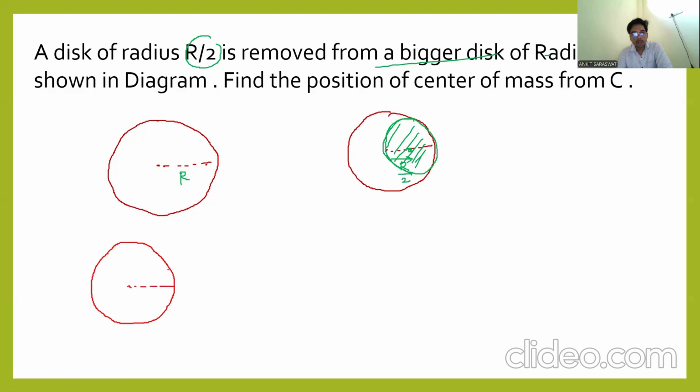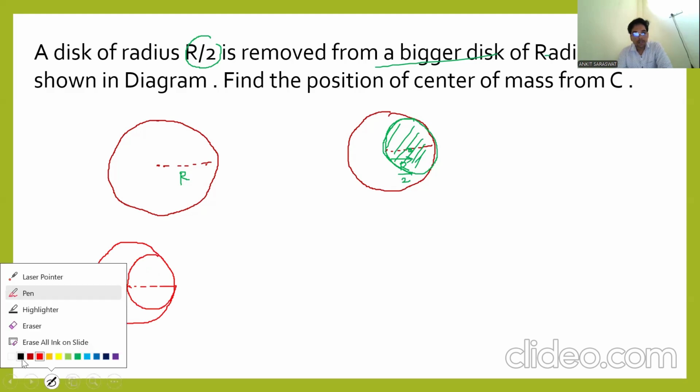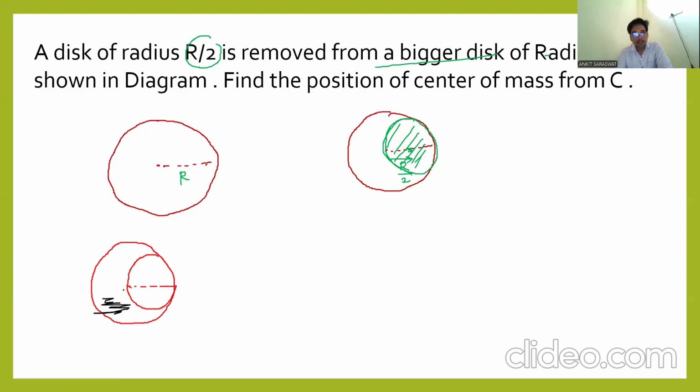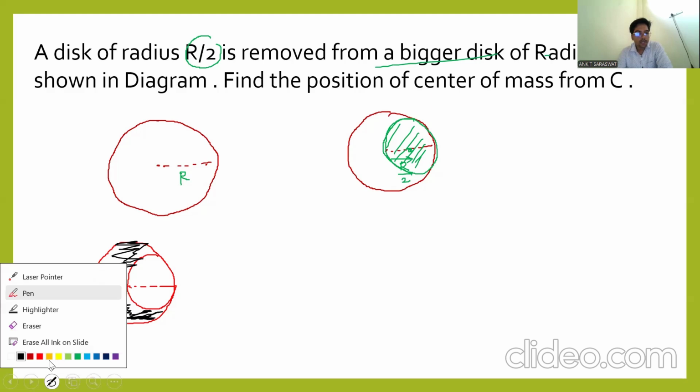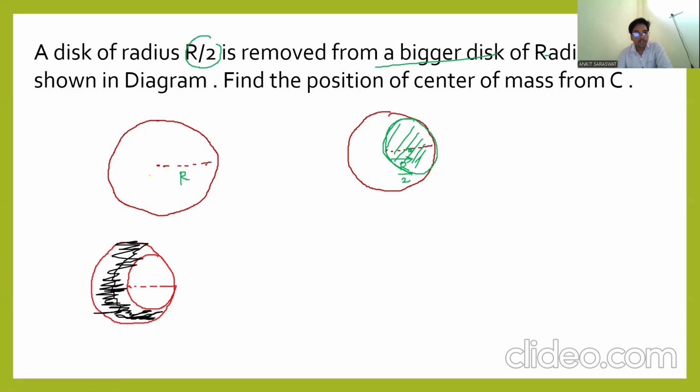Yeah, very good. It will be some empty space. Here nothing is there. Mass will be here. Now where is the center of mass? Question is that. So apply the same thing. First of all, I will explain where is center. Center C is here.